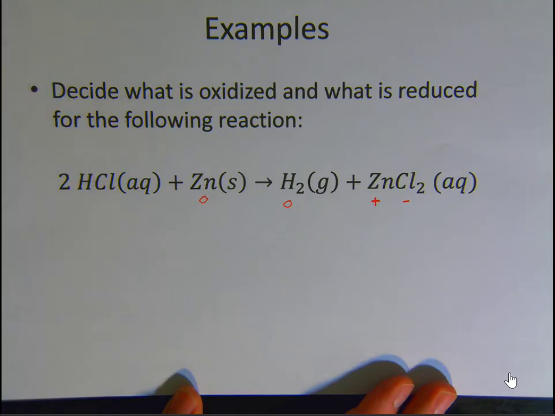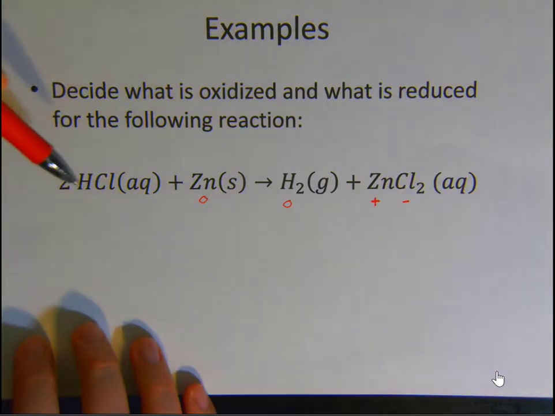We can do the same thing with this other compound. Now, in this case, we don't have an ionic compound. This is an acid. For the acid, we're going to do something similar. Remember for an acid that we have something that will lose a proton, which is an H plus. So we might imagine that the hydrogen has lost an electron here.